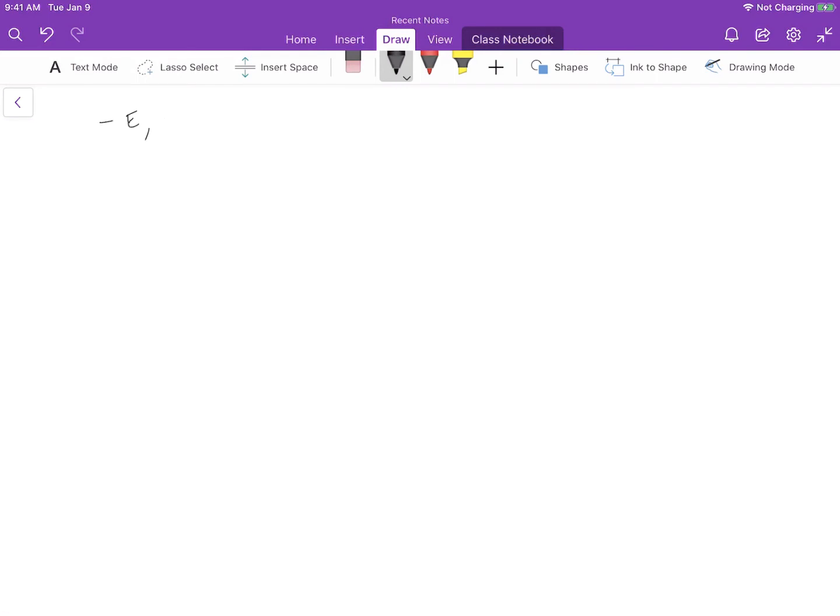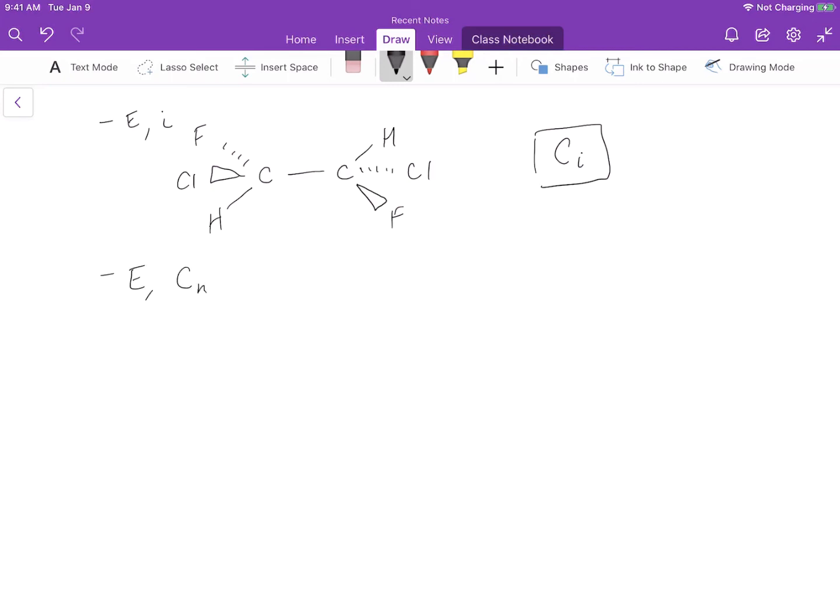The next one, if we have E and inversion, such as this molecule, then our point group is Ci. If we have E and a C rotation, Cn.